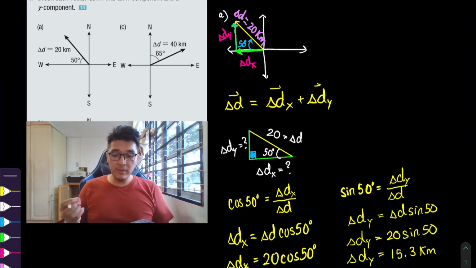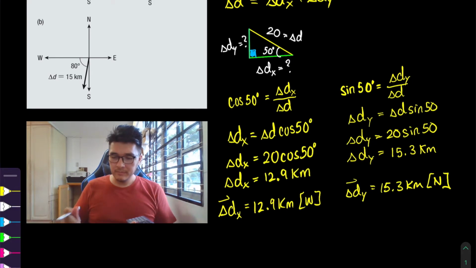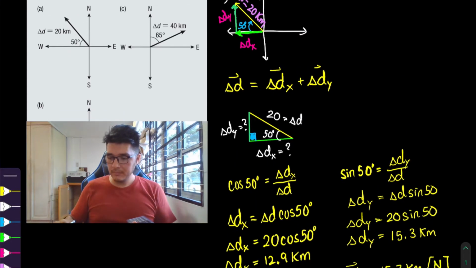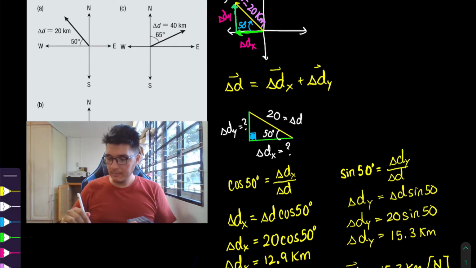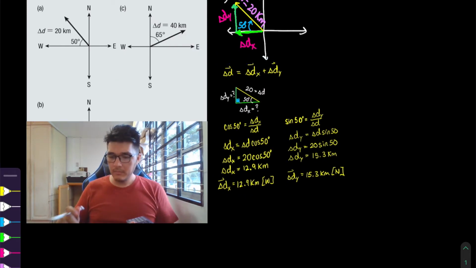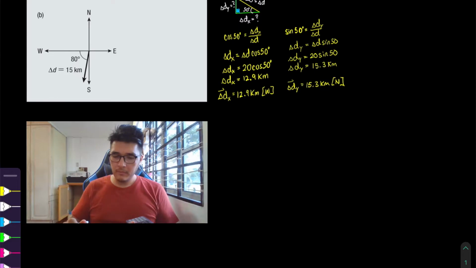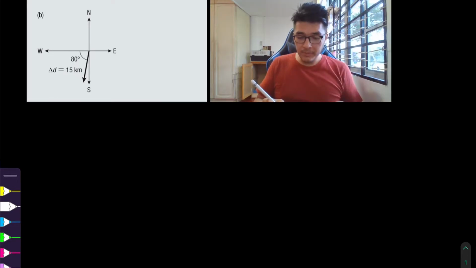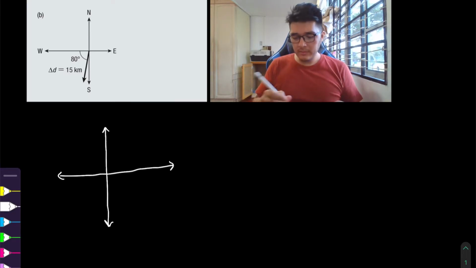So let's see if we can do the other ones, but this time I'm going to go a little bit more quickly. Okay, so for part B, let's draw our vector.